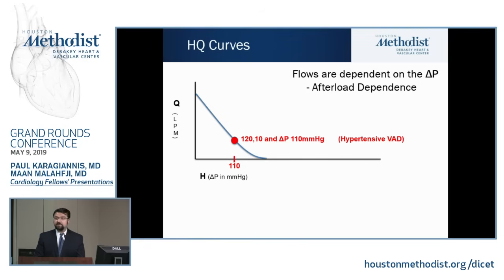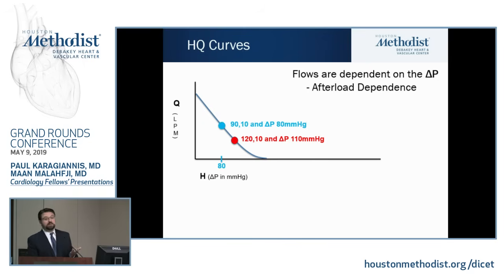VADs are actually very afterload dependent, about 3 to 4 times more afterload sensitive than the native heart itself. You can imagine at this point a MAP of 120 and mean LV pressure of 10, corresponding to, for example, a hypertensive VAD patient who has excessive afterload and is having insufficient flow as a result.